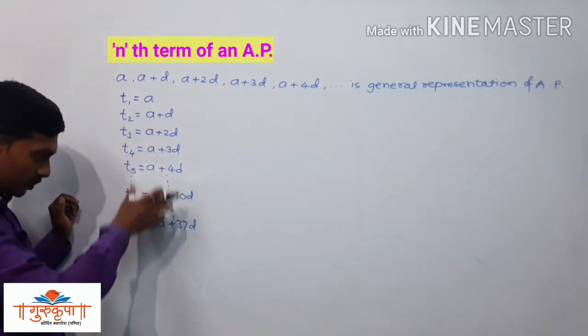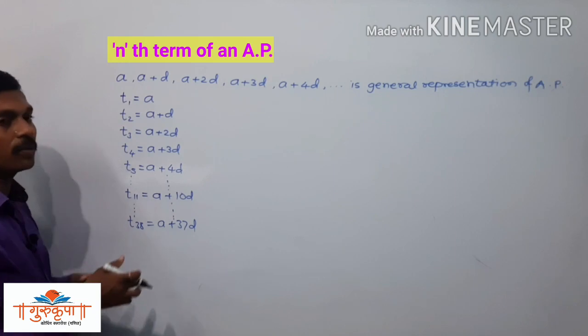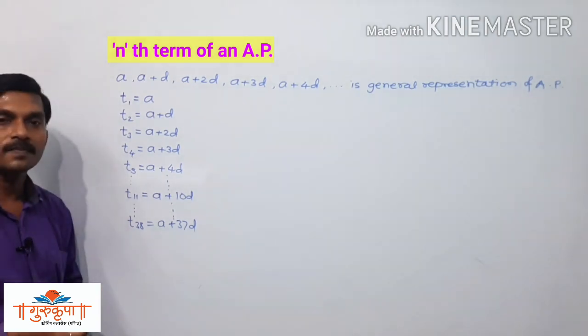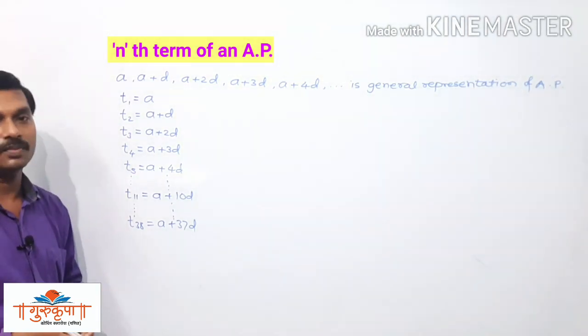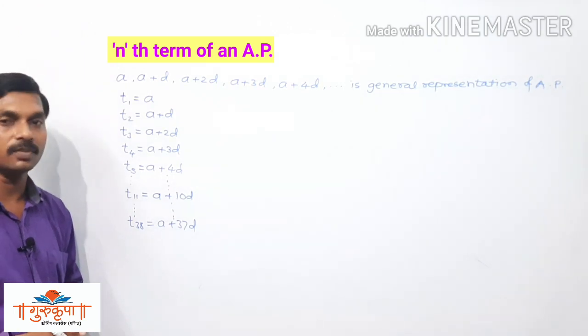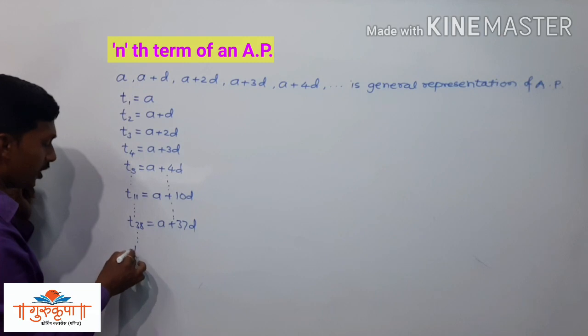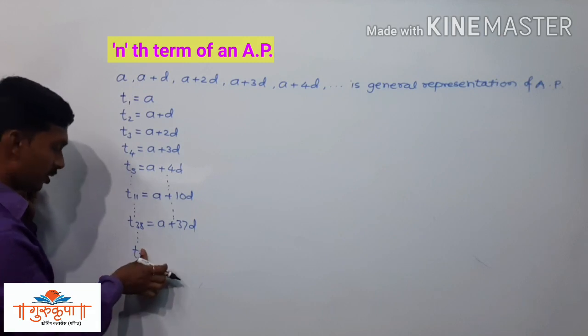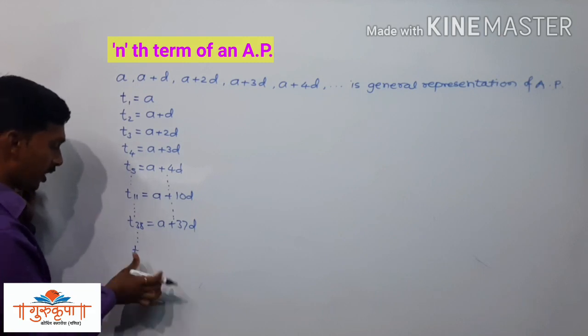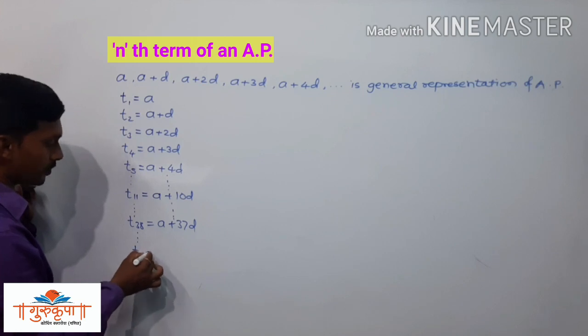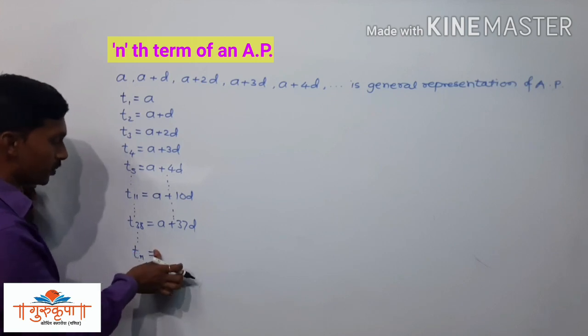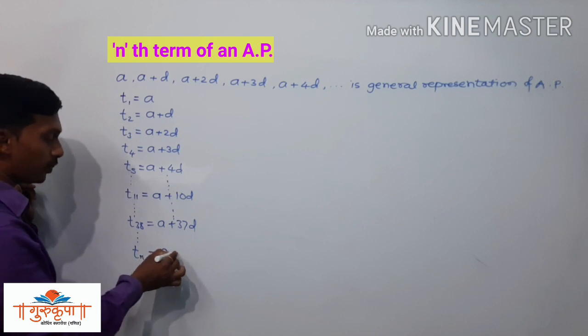And now suppose in the same way, similarly, if we have to find the nth term, that is the last term, or you can say the general term, then how can you write that term? Here you can write Tn. Here Tn, n is at the base, that is a very important thing. Tn is equal to a plus.